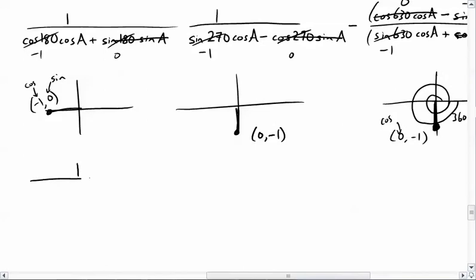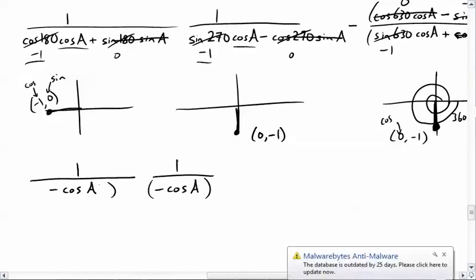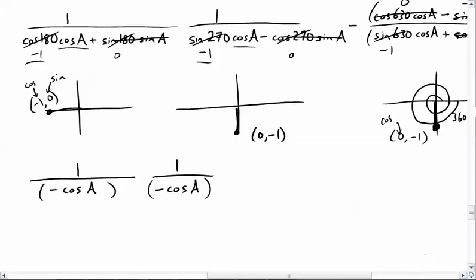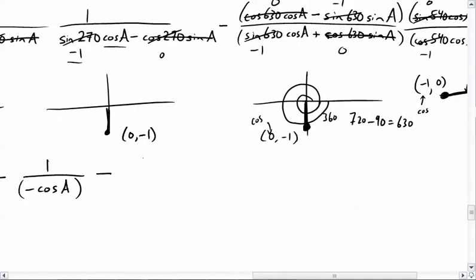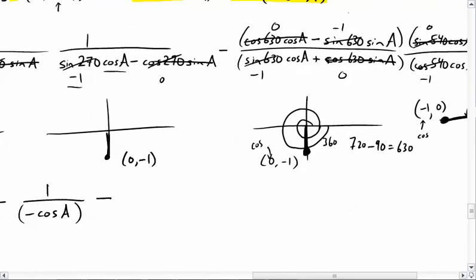I still have 1 over here. I've got a negative sign in front of my cosine, so just negative cosine A. Same thing for my second term. I just have a negative with the cosine. So negative cosine A. So there's my first two fractions. So simple. For my second two, the top, I just have negative, which is positive, sine A. So positive sine A. And then negative cosine A on the bottom.